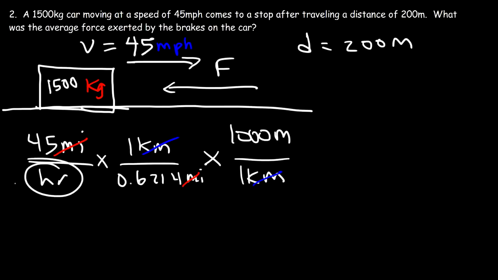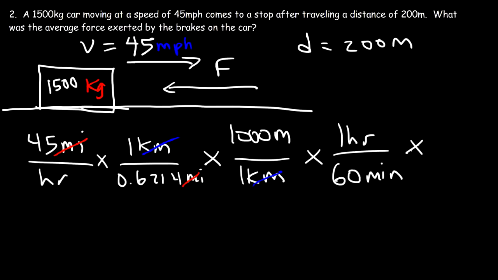Now let's convert hours into seconds. So 1 hour is 60 minutes, and 1 minute is equivalent to 60 seconds. So now the unit hours cancel, and also minutes cancel. So what we have left over is meters per second.